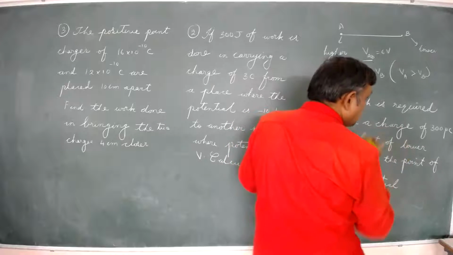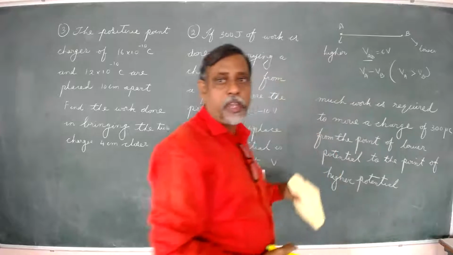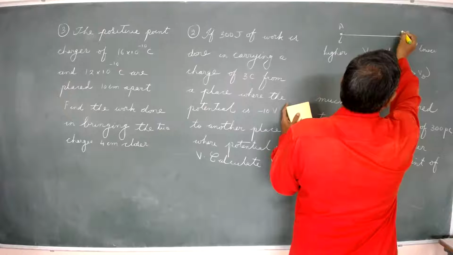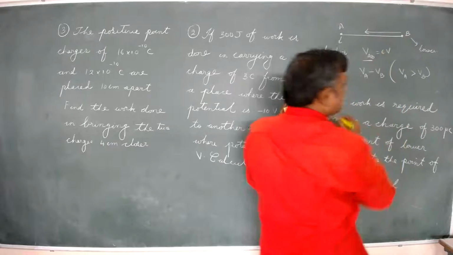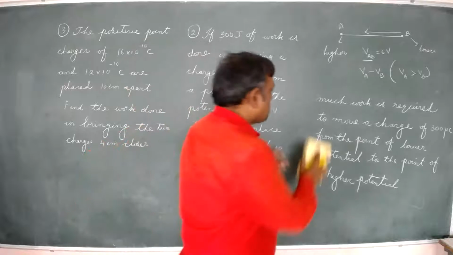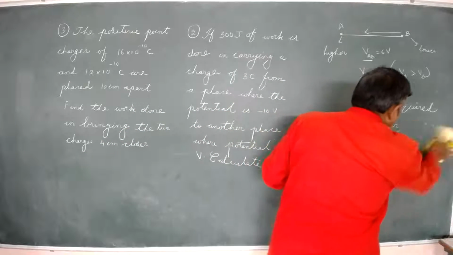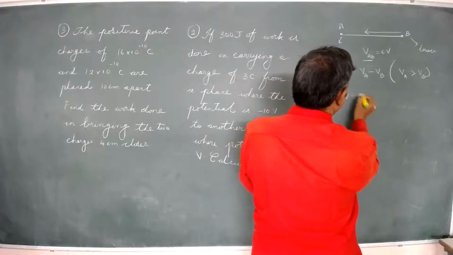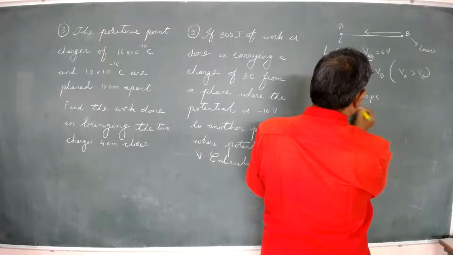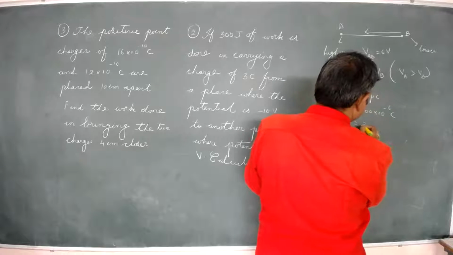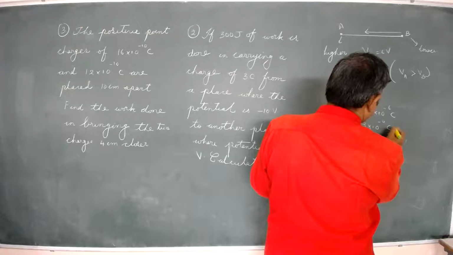And the charge of 300 microcoulomb should be moved from B to A. This is the direction in which the charge has to be moved. So the given charge Q is equal to 300 microcoulomb, that is 300 into 10 power minus 6 coulomb, so 3 into 10 power minus 4 coulomb.